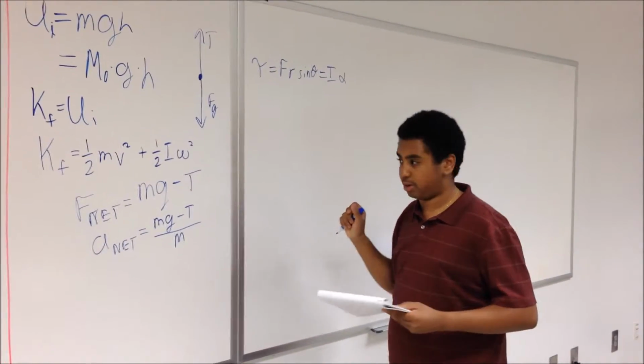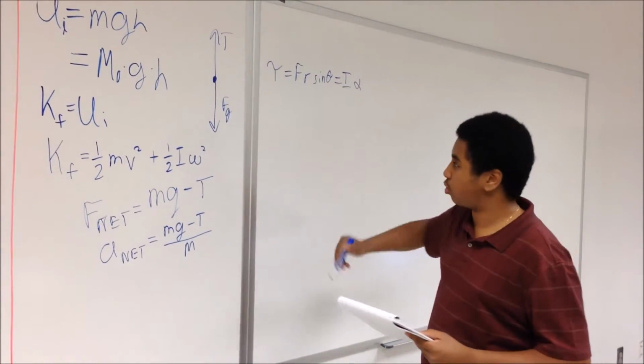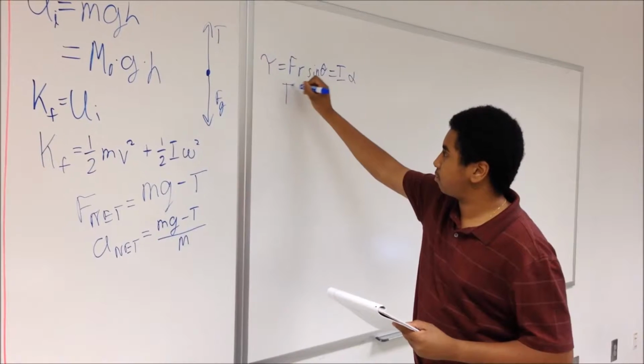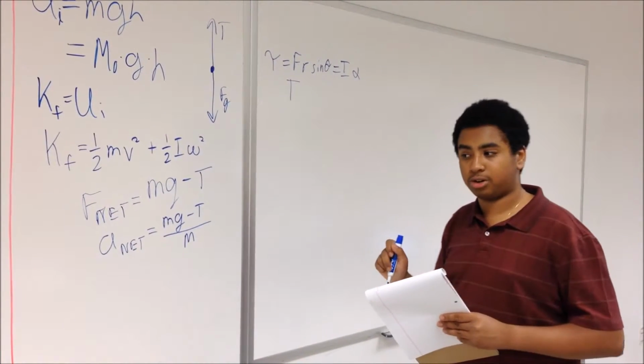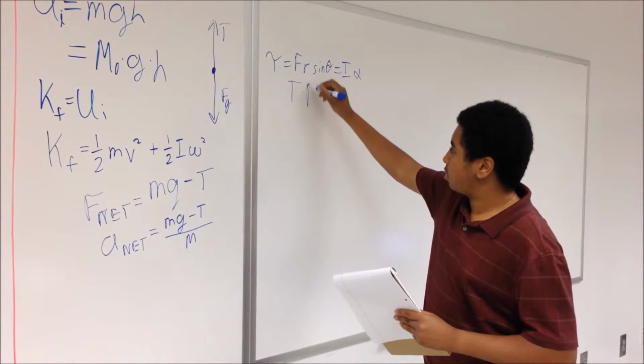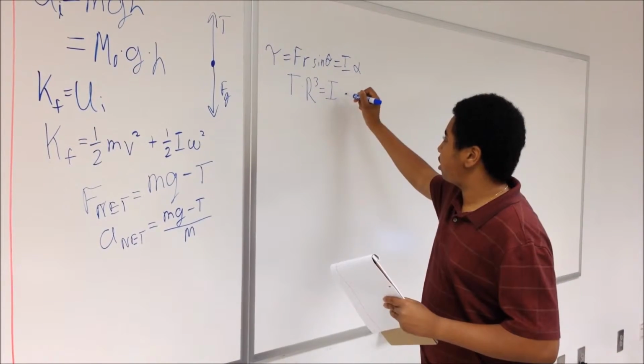The force we're dealing with right now is tension, because that's the only force besides gravity acting, so that's the force producing torque. So tension times the R, which in this case is going to be the one with the inner cylinder, R3, is going to be equal to I times alpha.